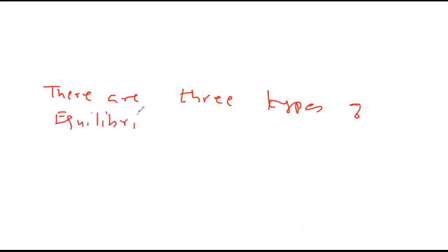There are three types of equilibrium. First, stable equilibrium.